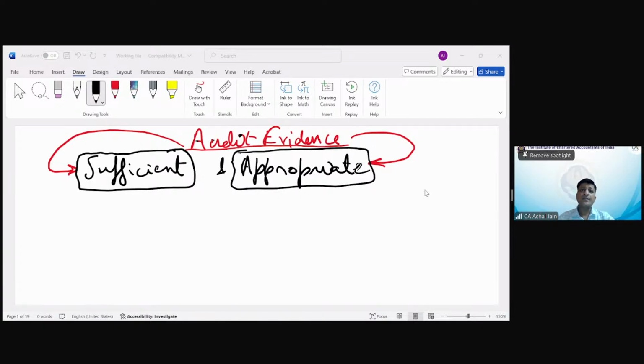Sufficiency means quantity. Appropriateness means quality. Now, in the context of audit evidence, what do you mean by quantity and quality?